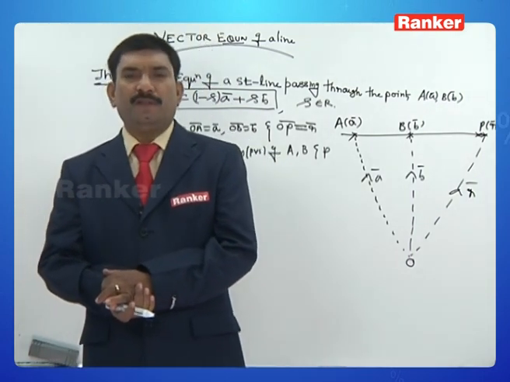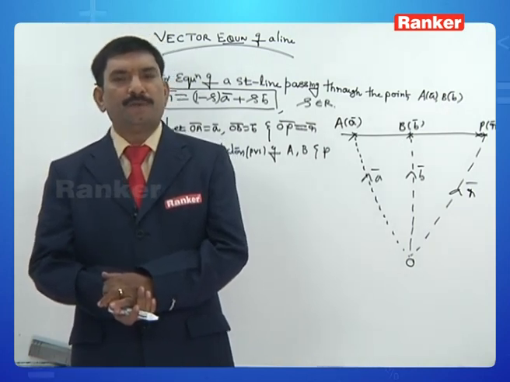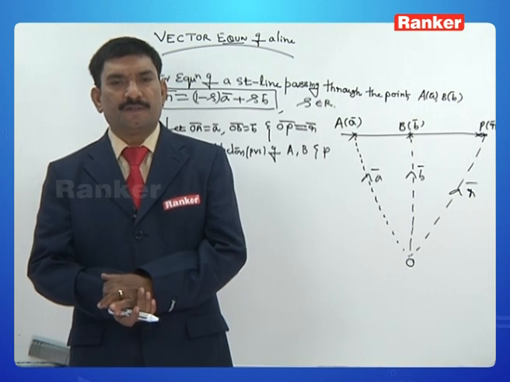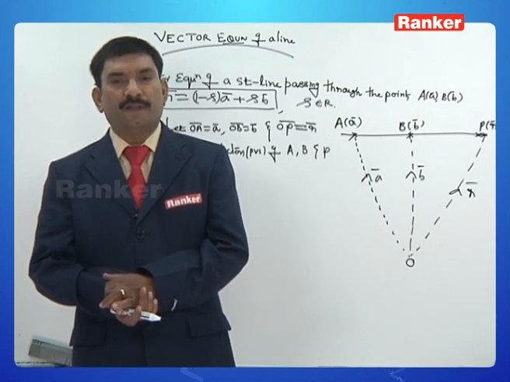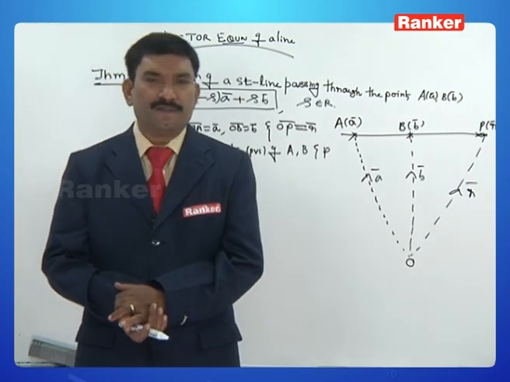When they are collinear, from 3 points we can make 2 vectors. One vector can be expressed as a scalar multiple of another vector.